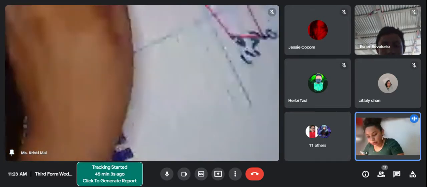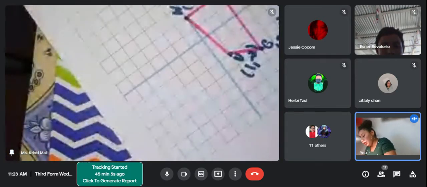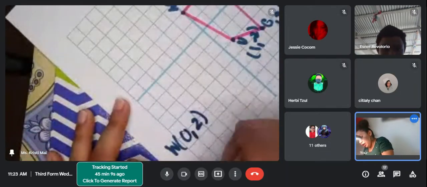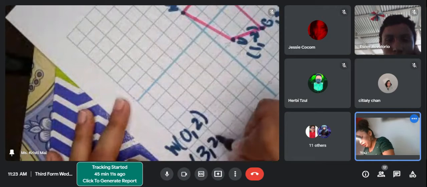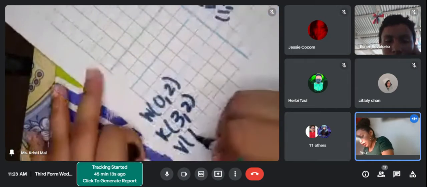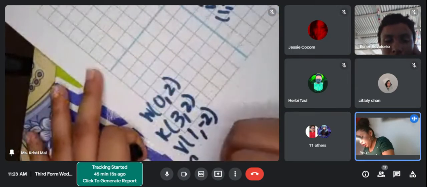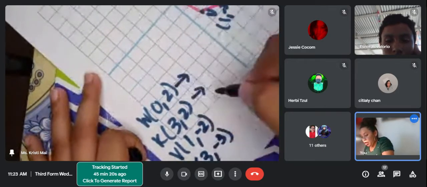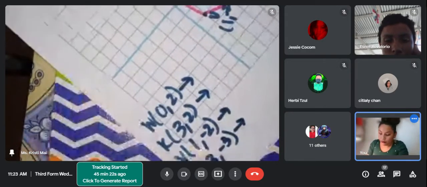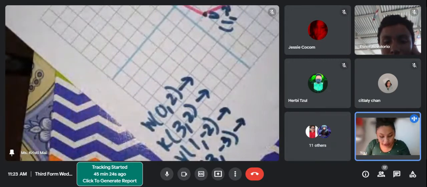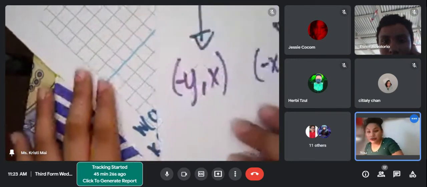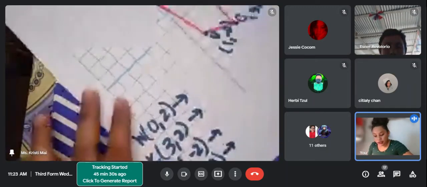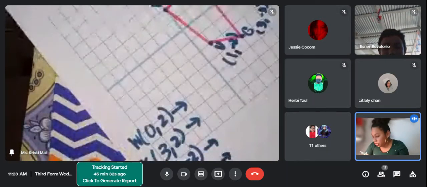Let me write the points. The points are W(0, 2), K(3, 2), V(1, -2), and G(3, -3). And then I want the new points. So under a 90-degree rotation, if you remember what happens here, you have (-y, x). So the points change places.